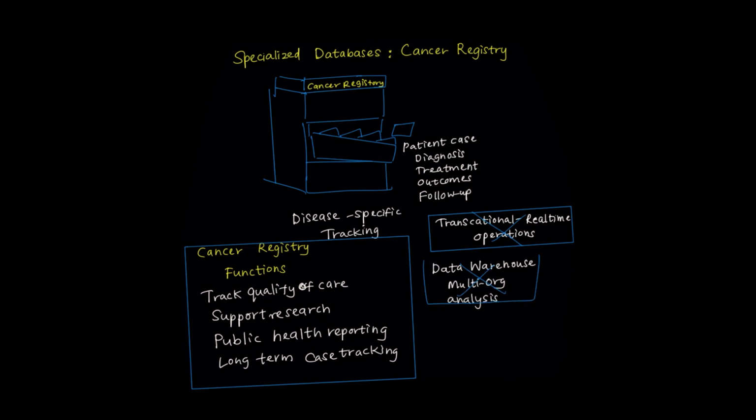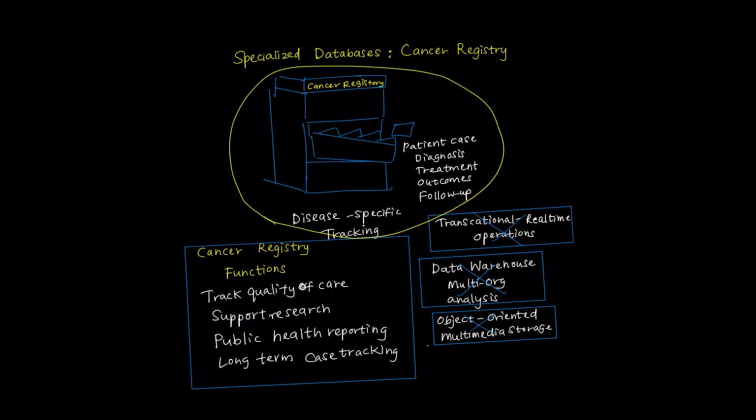Object-oriented databases are designed for storing multimedia content, like medical images, audio recordings, and videos, not for the structured disease-specific case tracking and reporting that cancer registries do. Cancer registries are essential public health tools that help us understand cancer patterns and improve treatment outcomes.